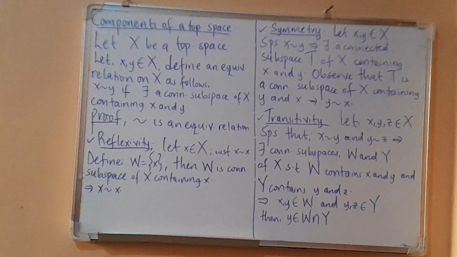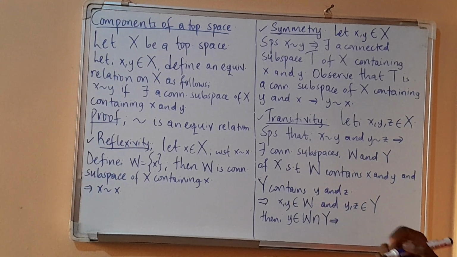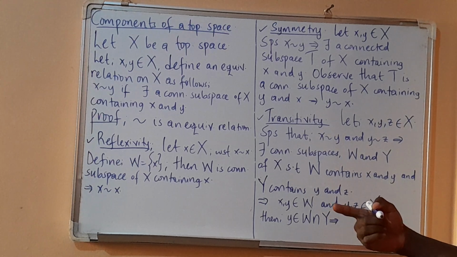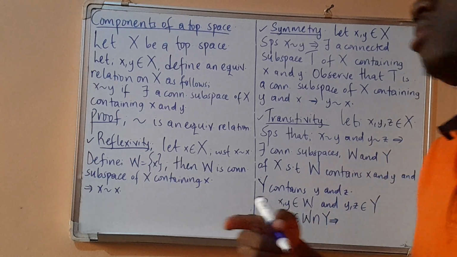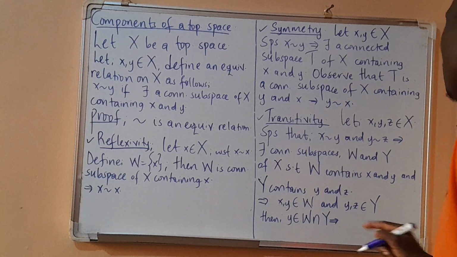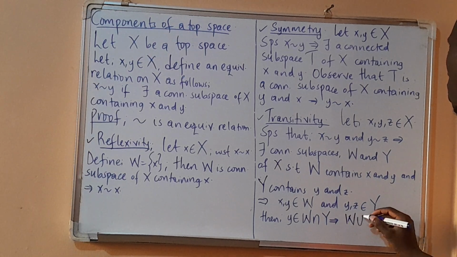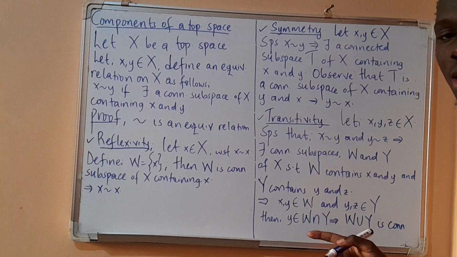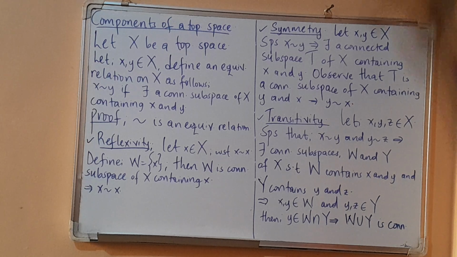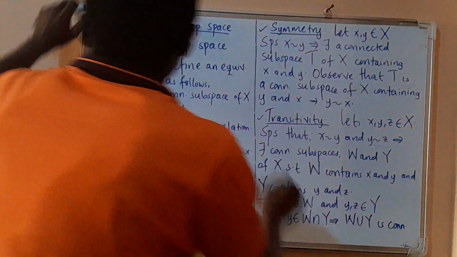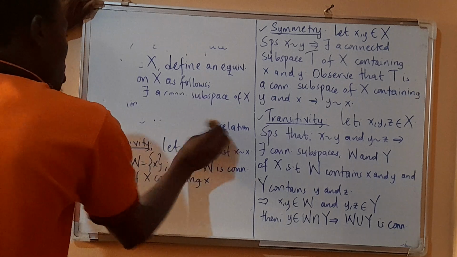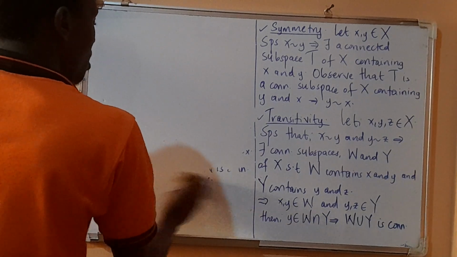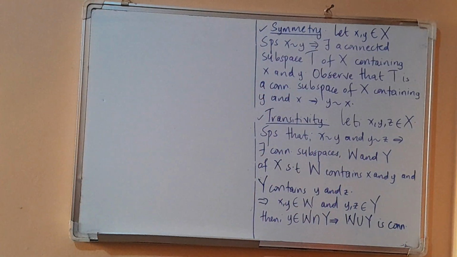By the previous results, for connected subspaces of a topological space having a point in common, their union is connected. So W union Y is connected.